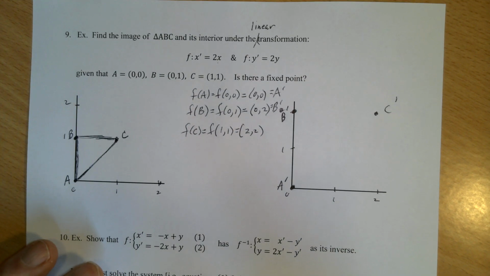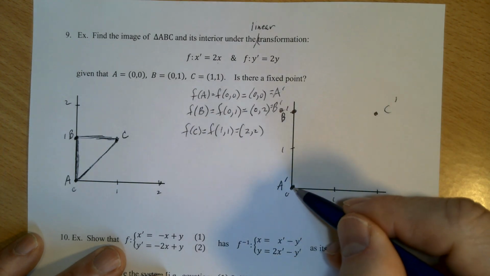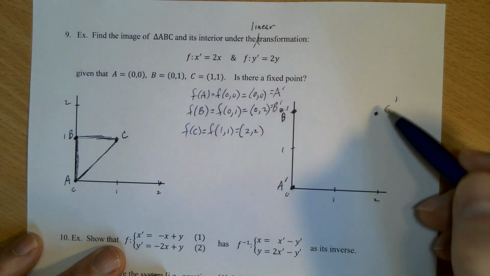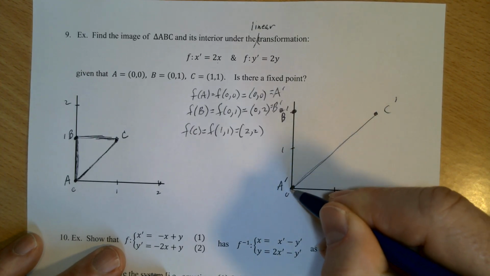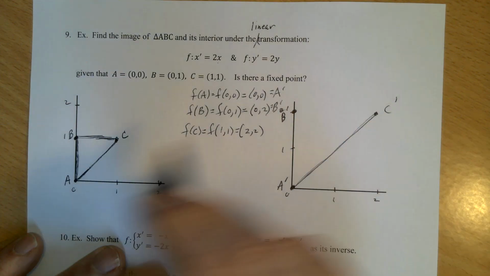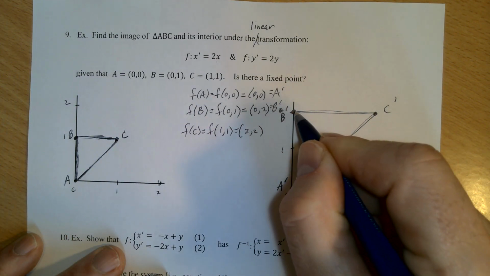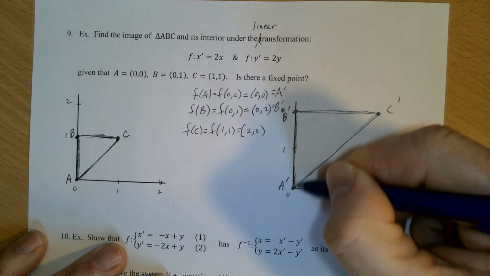And this is a linear transformation, so lines get mapped to lines. So AC, for example, gets mapped to A prime, C prime, that line. And likewise, BC gets mapped to B prime, C prime. And AB gets mapped to A prime, B prime.